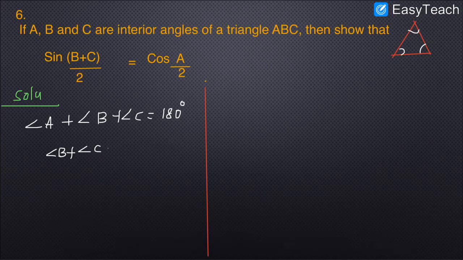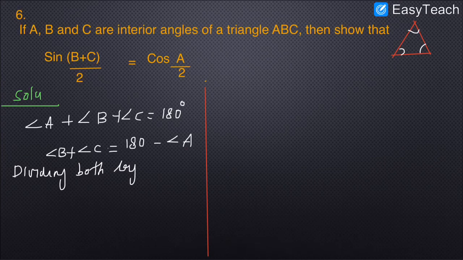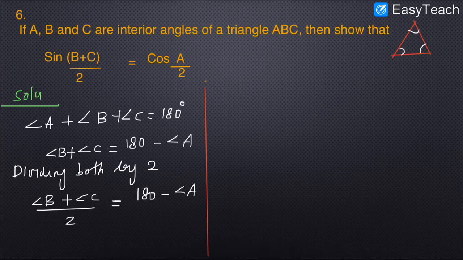So it will become angle B plus angle C by 2 equal 180 minus angle A by 2. So the 2 is common for both, so I can cancel 180 by 2, 90. So in the third step, I write angle B plus angle C by 2 equal 90 minus angle A by 2. Don't forget to put 2 on the denominator separately for angle A.